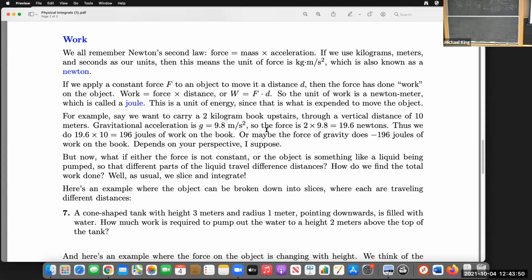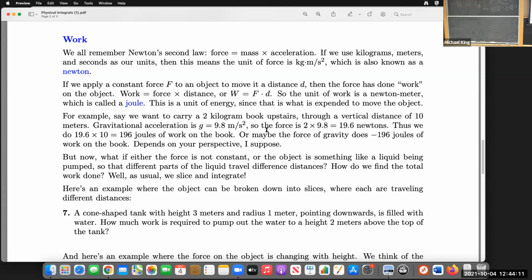So you would just multiply the force unit times distance. So you can say Newton meter, or you can say kilogram meter squared per second squared. That's a joule. A lot of these examples, you do work against gravity.